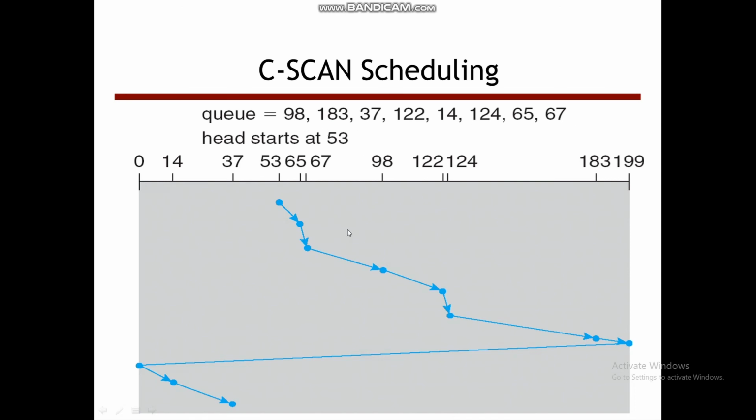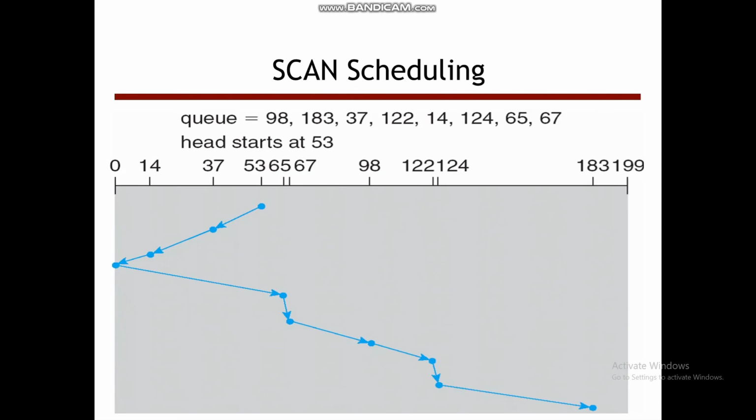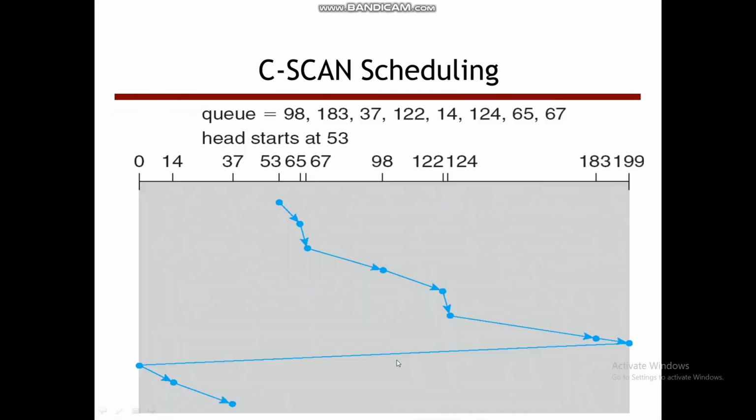But here it reaches one end and goes all the way back to the other end, in order to make the wait time uniform. In the previous example, it reached one end but not the other. Let's see how this works.